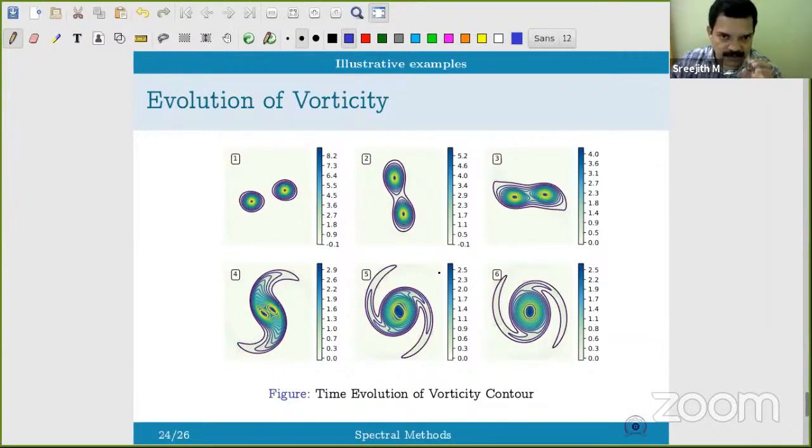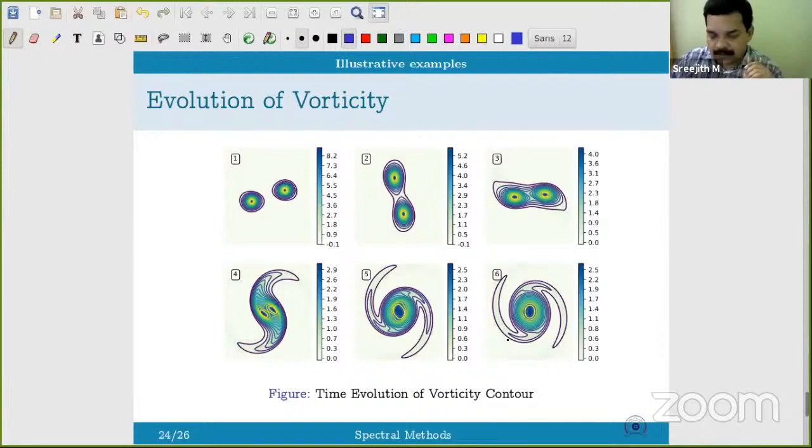So atmospheric flow can be simulated using this two-dimensional method. It is also known as two-dimensional turbulence. It is different from three-dimensional turbulence. As I explained earlier, in three-dimensional turbulence, we have the vorticity stretching term, whereas here there is no stretching term. But there is a gradient increase in two-dimensional turbulence. The gradient is increased by the action of the nonlinear term.